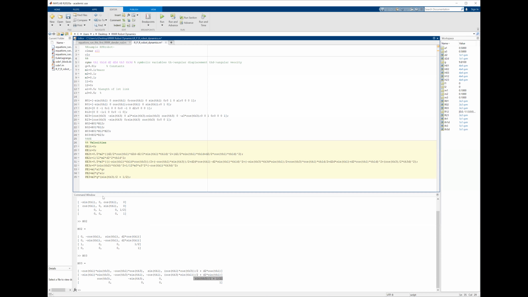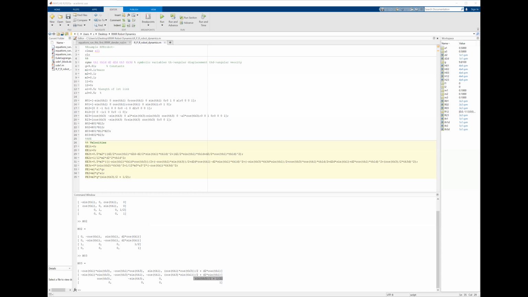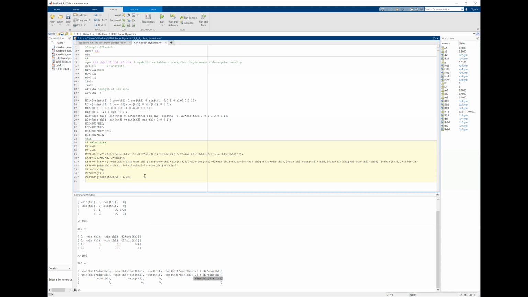And then we will have finally the equation for the Lagrangian. And this is the expression for the Lagrangian.